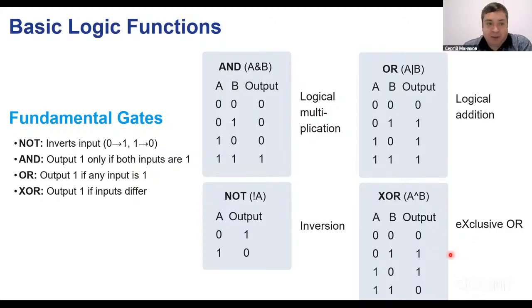The meaning is that in the result we will have 1 only when the two input operands differ. For example, 0 with 1 is 1, and 1 with 0 is 1, because they differ. And 0 with 0 and 1 with 1 makes 0. They are equal.